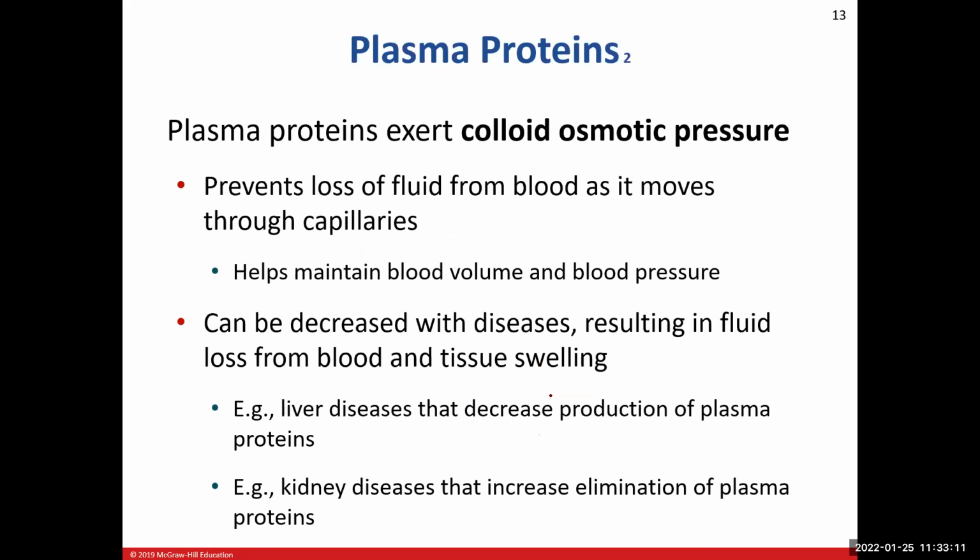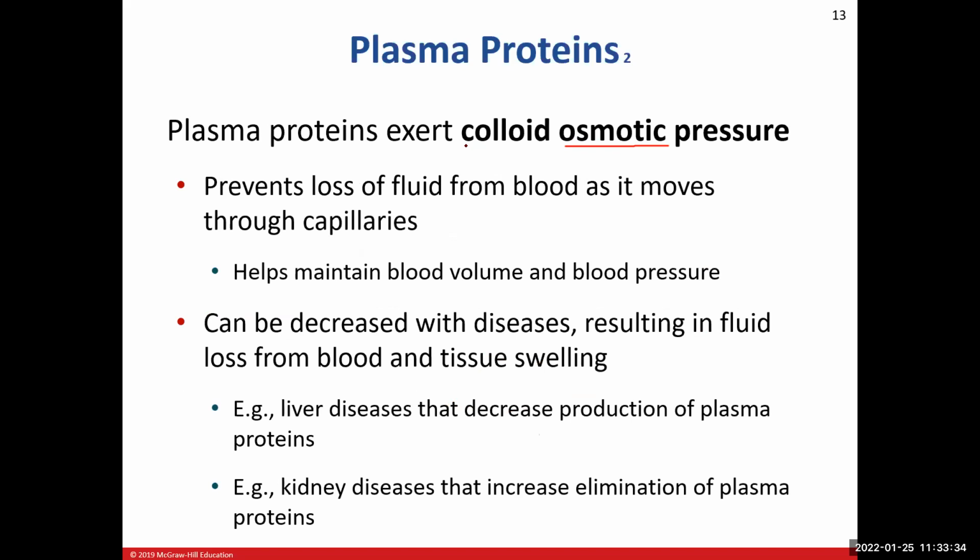So that brings me to our plasma proteins, and this is one of our big important concepts here. We're going to talk about this term called colloid osmotic pressure. Let's simplify that term. When we're talking about osmotic, we're referring to osmosis, which means we're referring to water.